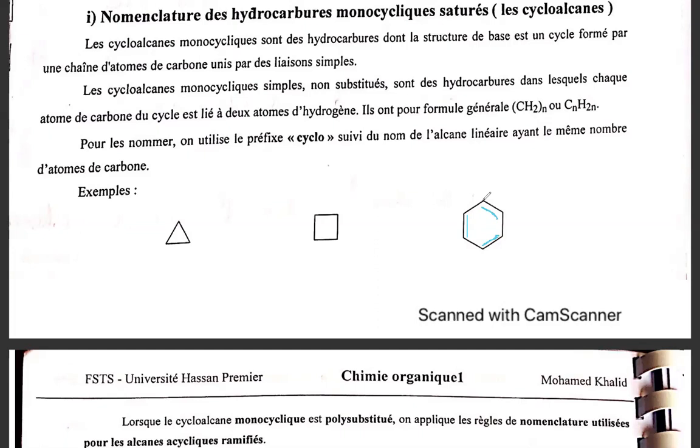So I want to show an example of a compound that can be ramified. We can have the methyl here, a cyclopropyl there, an ethyl there. What are we going to put here?